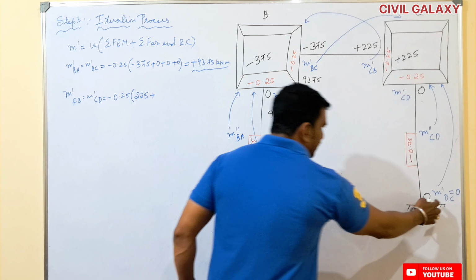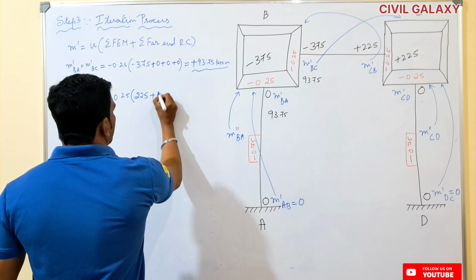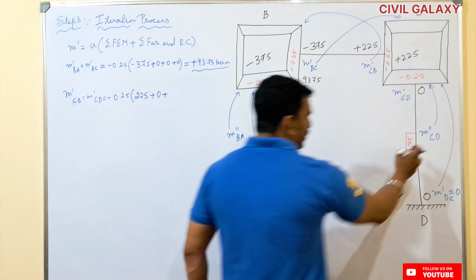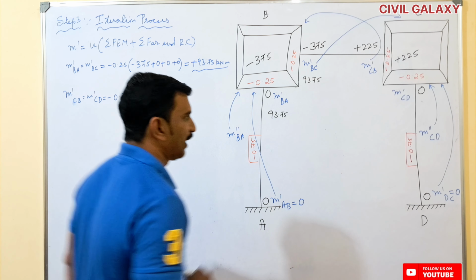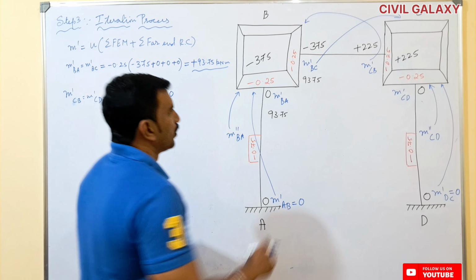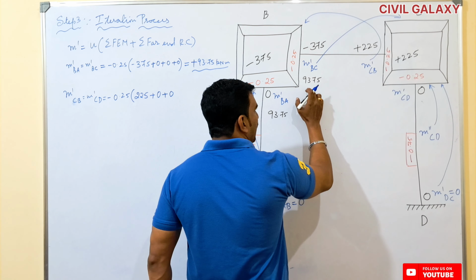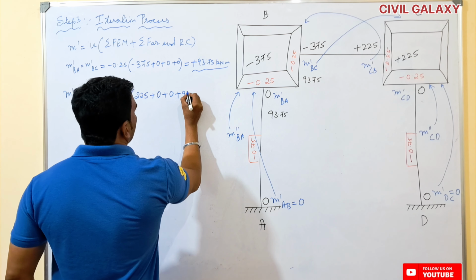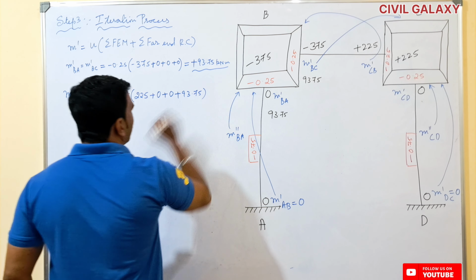So for M dash DC, we know the value is 0, plus for M double dash CD, we don't know, we have to calculate, that is displacement contributions, so that will also be 0. But M dash BC, we are having a new iteration value over here, so this will be plus 93.75.